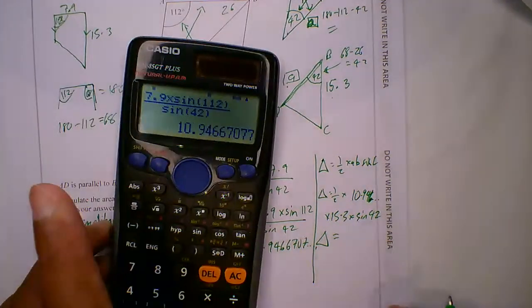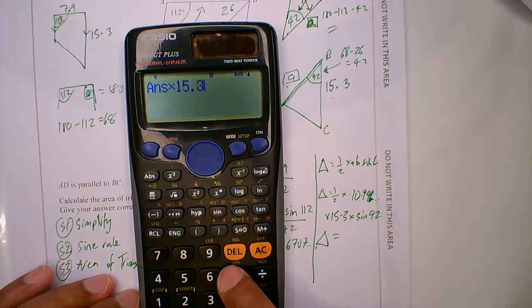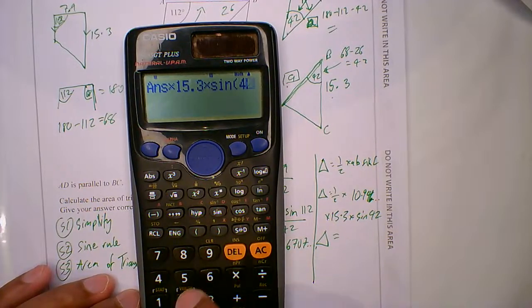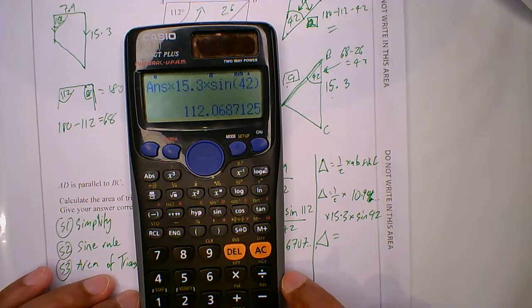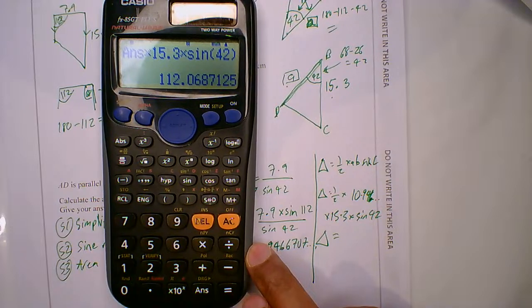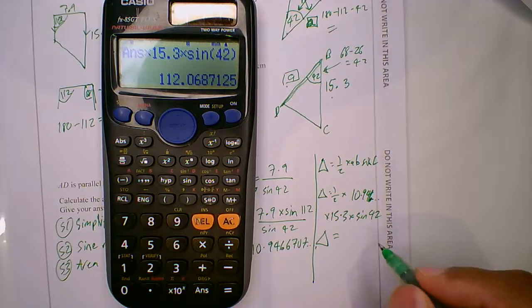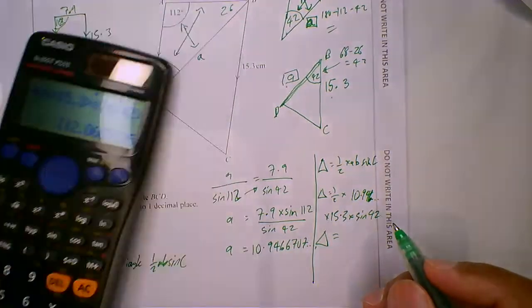Okay, so I'm going to multiply that by 15.3 times sine 42, close bracket, gives me 112 point something. Is that correct? Something's gone wrong here. By the looks of it, I did do this question before. It didn't give me this answer.